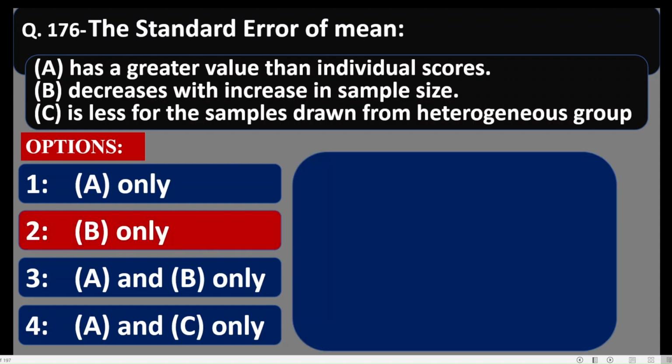How? See the formula of standard error, that is standard deviation upon square root n. If size of sample will increase, then the value of denominator will be increased, and in that case the division ratio between these two will be less. So B is correct. The standard error of mean decreases with increase in sample size.